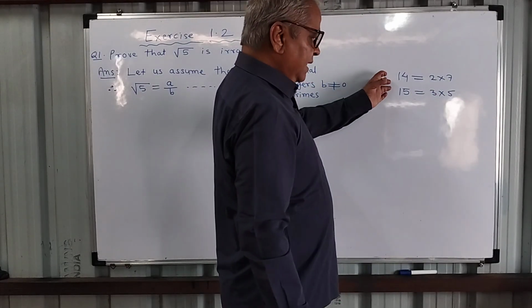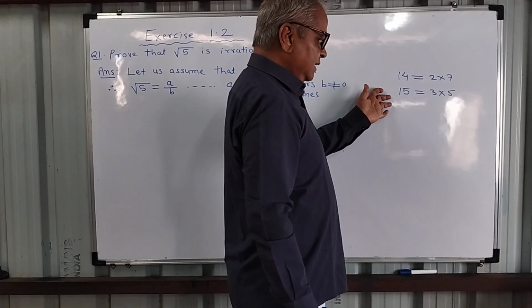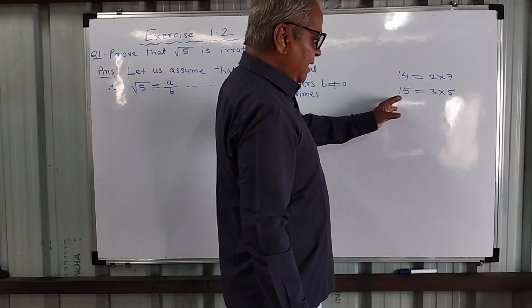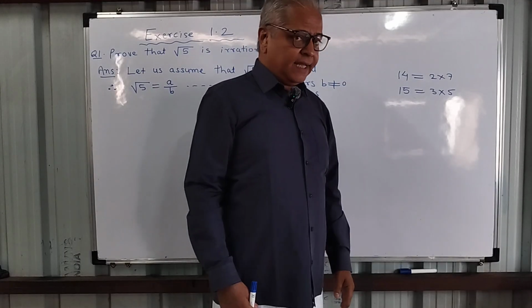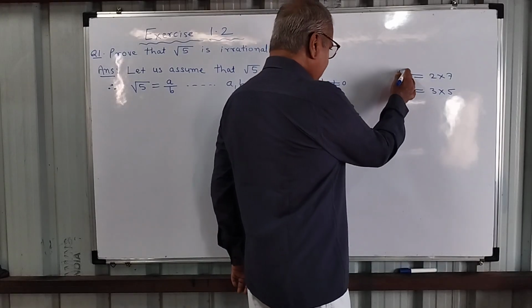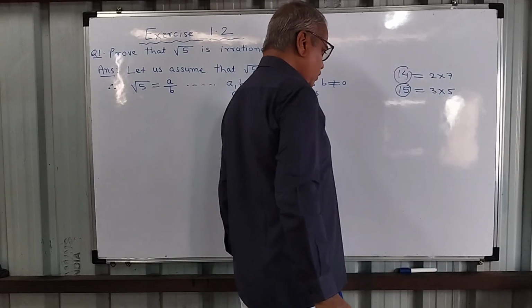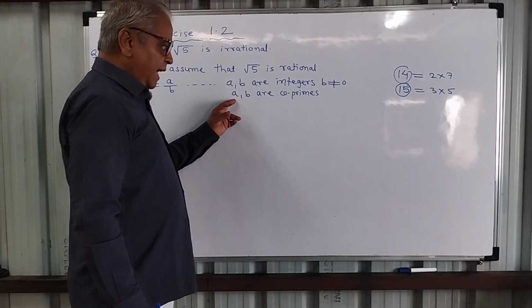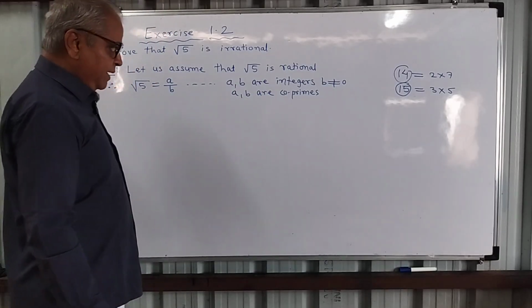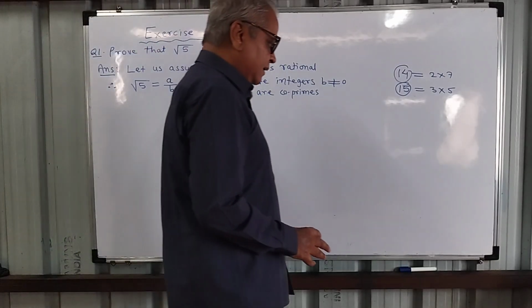See, 14 is a composite number, 15 is a composite number, but the factors of 14 and 15 do not contain any common factor. That's why 14 and 15 are co-primes. So a and b are co-primes. That means a and b have no common factors.